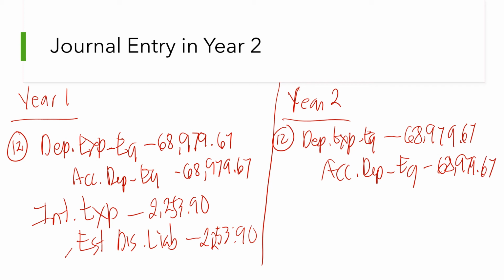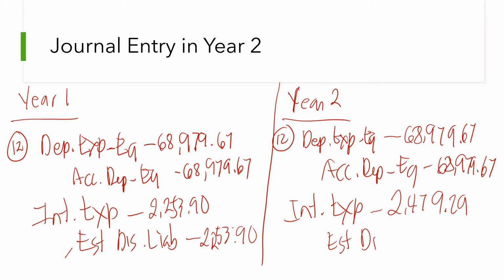Aside from depreciation expense, interest expense, but not anymore 2,253.90. Our next interest expense from the amortization table is 2,479.29, and credit to estimated dismantling liability for 2,479.29.